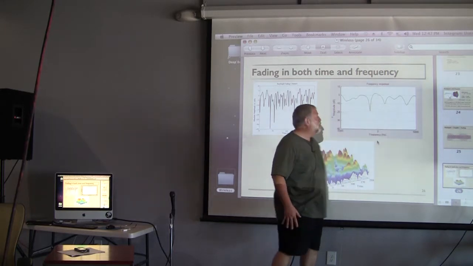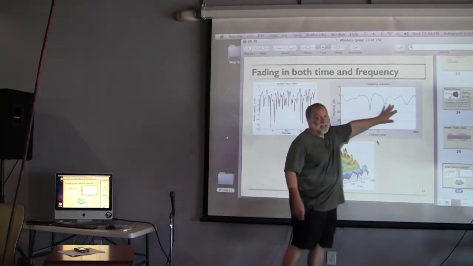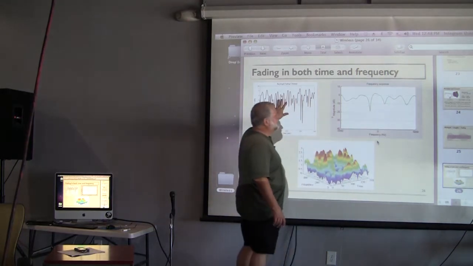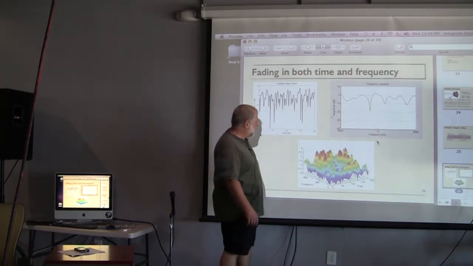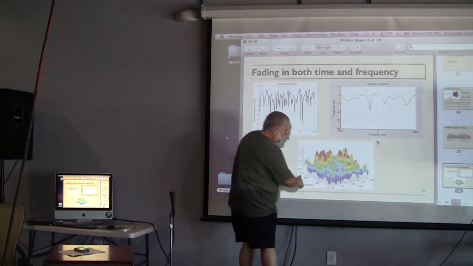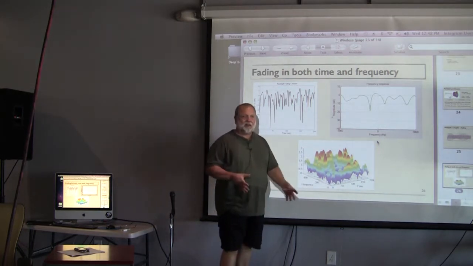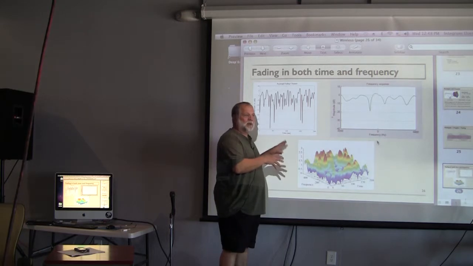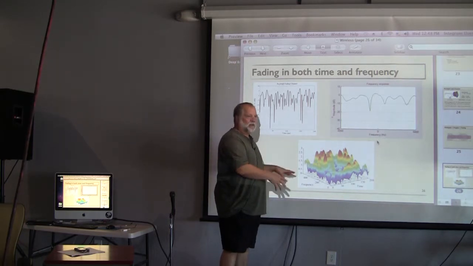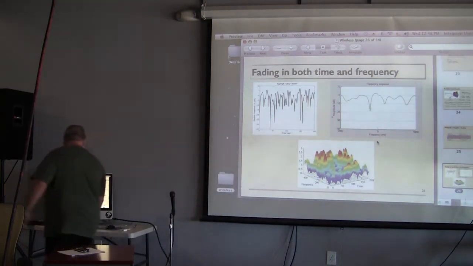Without getting into the details, we call this frequency selective fading, and this is time selective fading. In reality, both are going on at the same time, so here's a nice little chart with frequency versus time, and the channel is just a mess. All I want you to do right now is think, how do you ever communicate over something like this? But that's the challenge that we have.